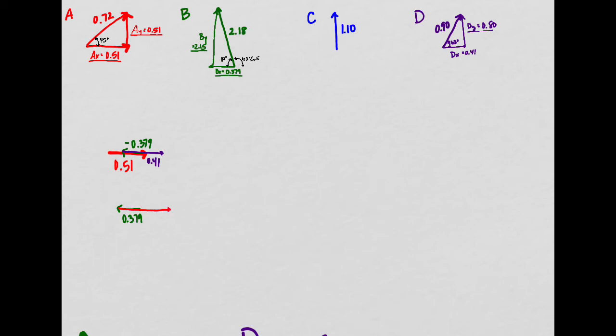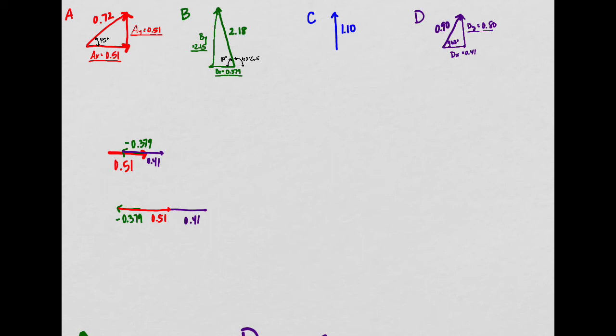This is 0.51, and again I'm going to put a negative in front of that so I remember when I'm adding them up in the next step, and then I can go again 0.41 here, whatever works for you.